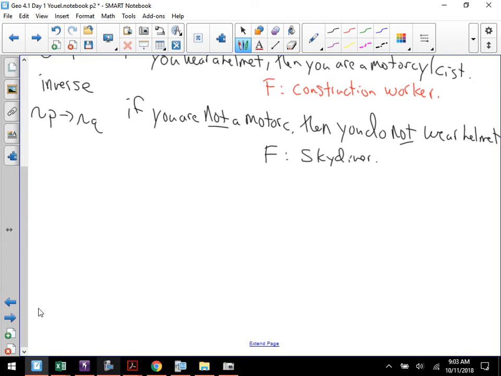And then the last one was the contrapositive, the not Q implies not P. So if you do not wear a helmet, then you are not a motorcyclist.